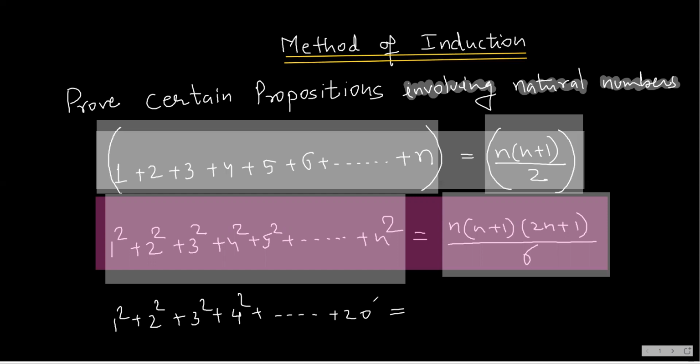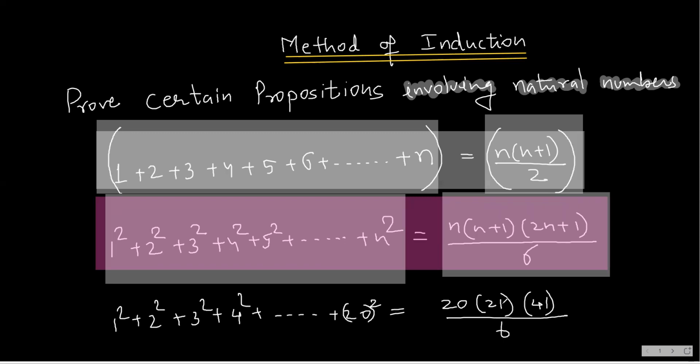So instead of writing the actual squares and adding, we can just use the formula. What is n here? N here is 20. So you can have 20 multiplied by 21, which is n plus 1, and 41, which is 2n plus 1, divided by 6.